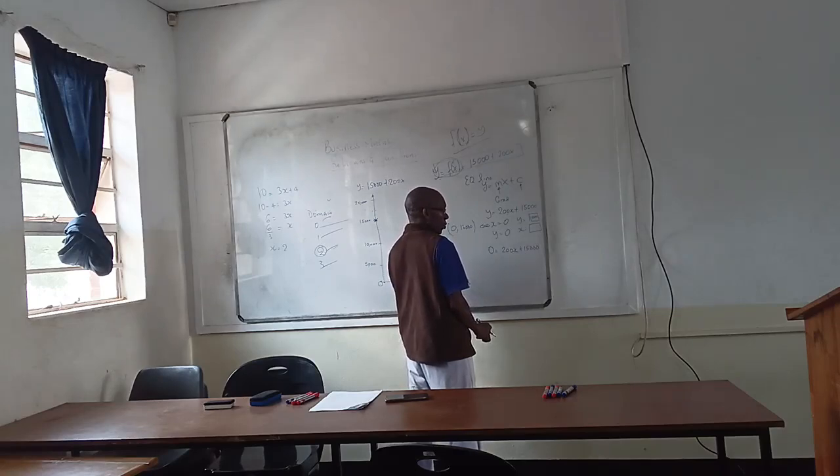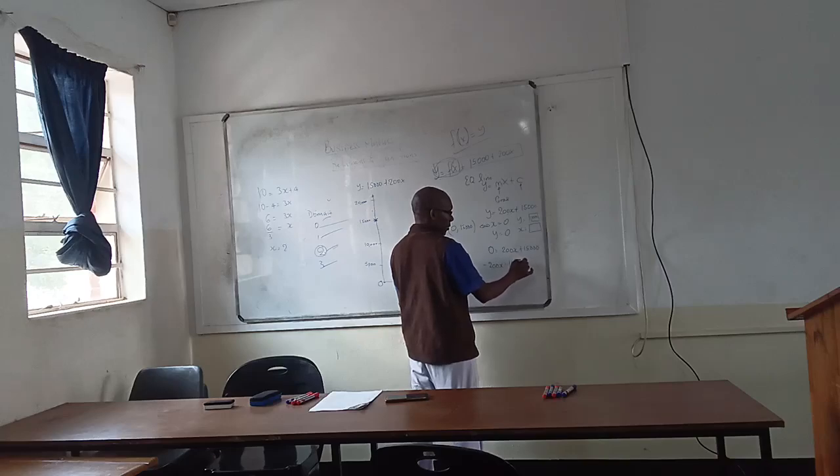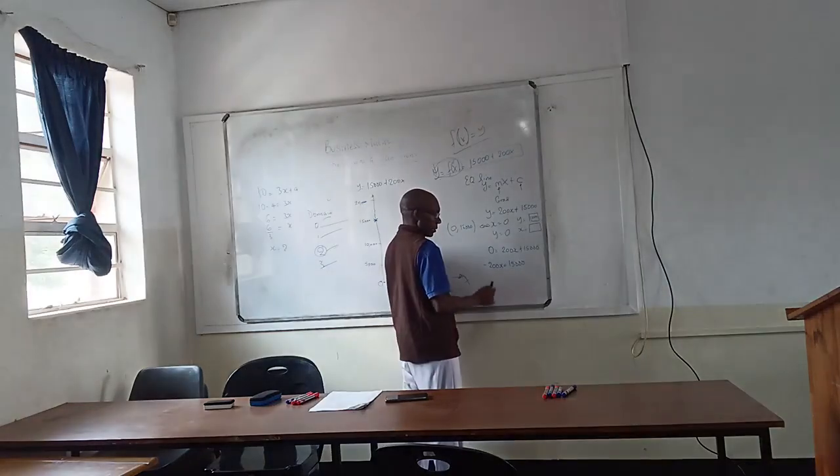Then you take this one to the other side, so it's going to be negative 200x is equal to 15,000, and you want to find x. How do you find x?